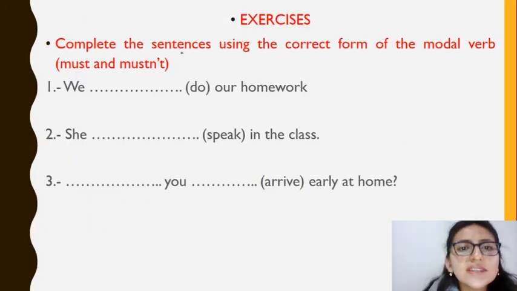Exercises. Complete the sentences using the correct form of the modal verb must and mustn't. Okay? In this case, we do our homework. We must or we mustn't do our homework. ¿Nosotros debemos o no debemos hacer nuestro deber? Very good.